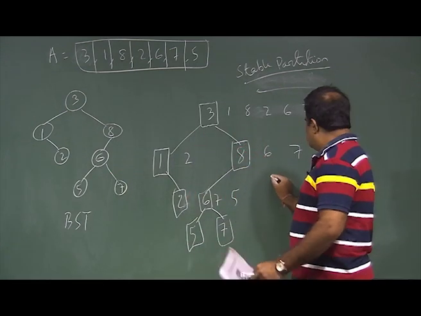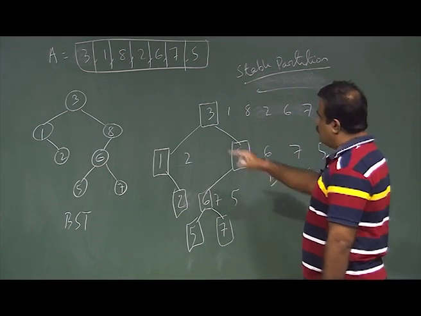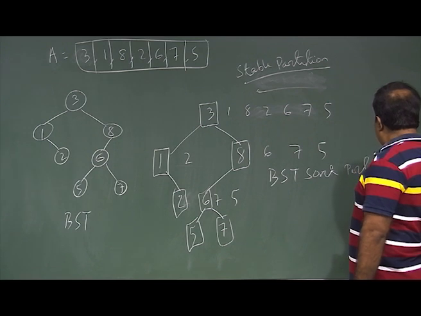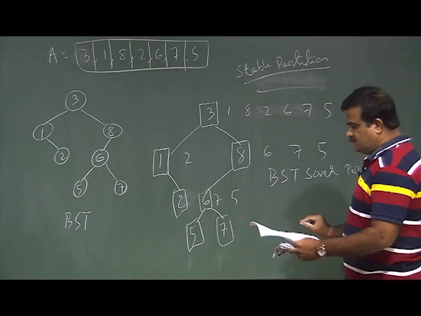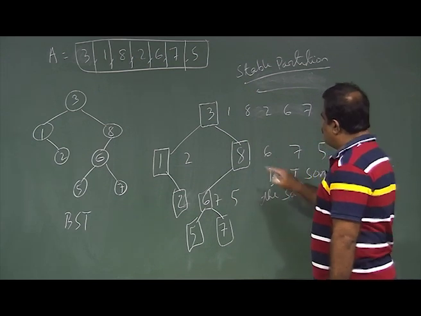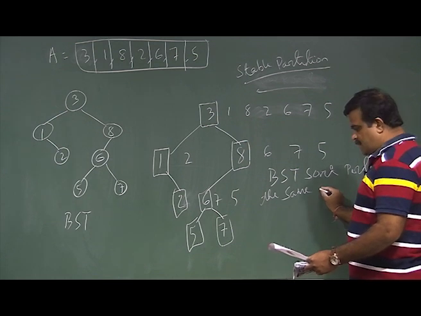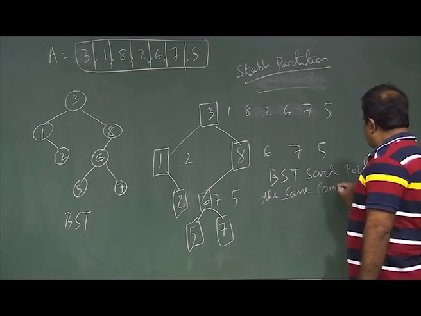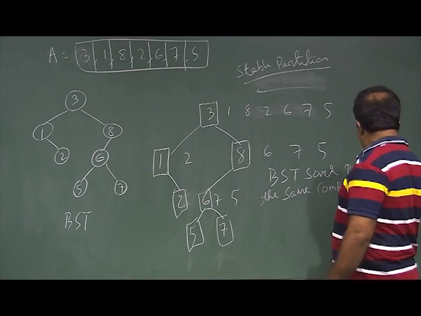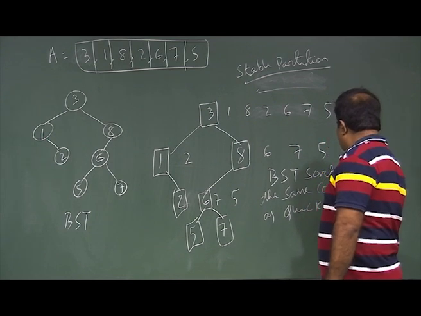So, this is the observation: BST sort, to form the BST, performs the same number of comparisons as quick sort, maybe in a different order.